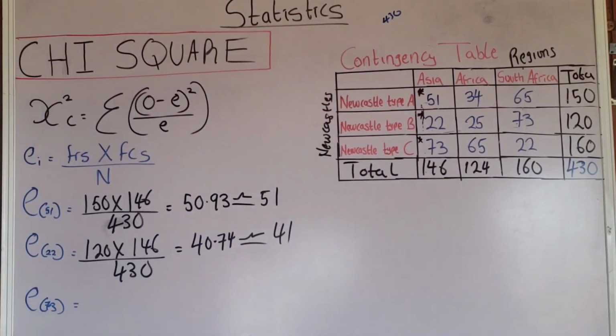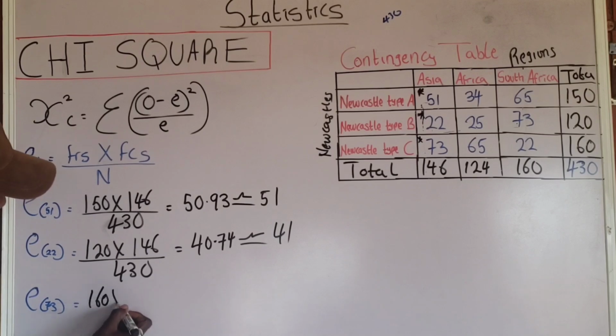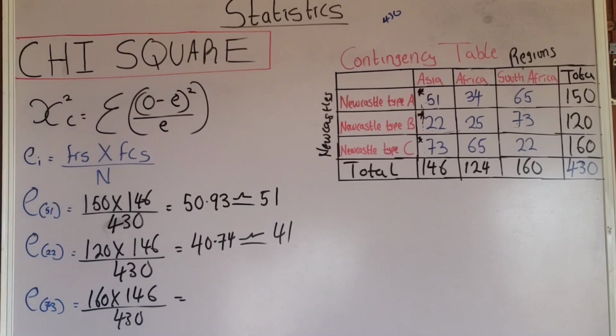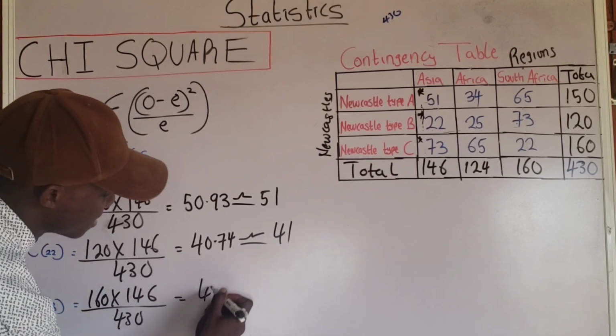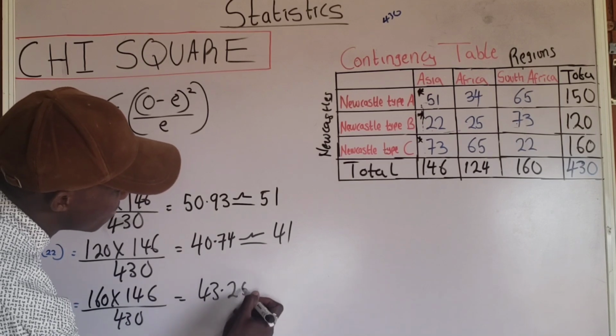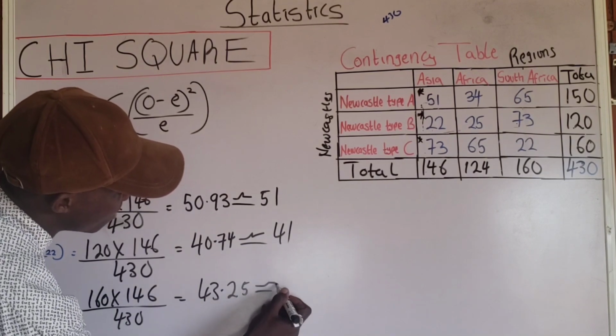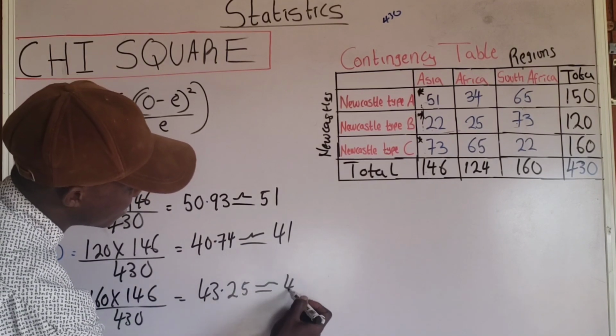So I'm going to have 160 multiplied by 146 all over 430. You understand? So punch your calculator, you're going to have 43.25.